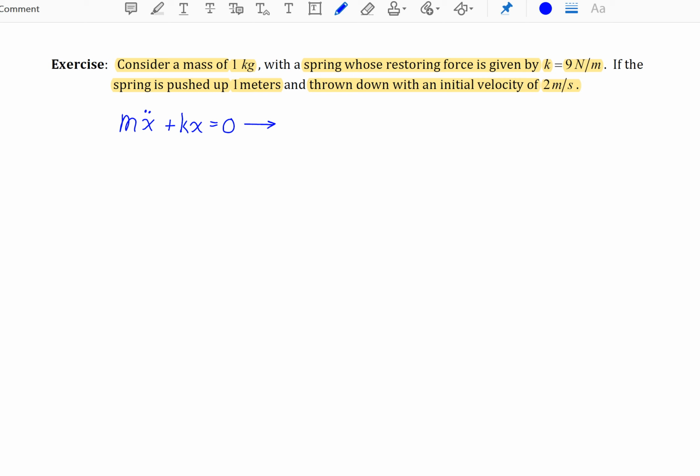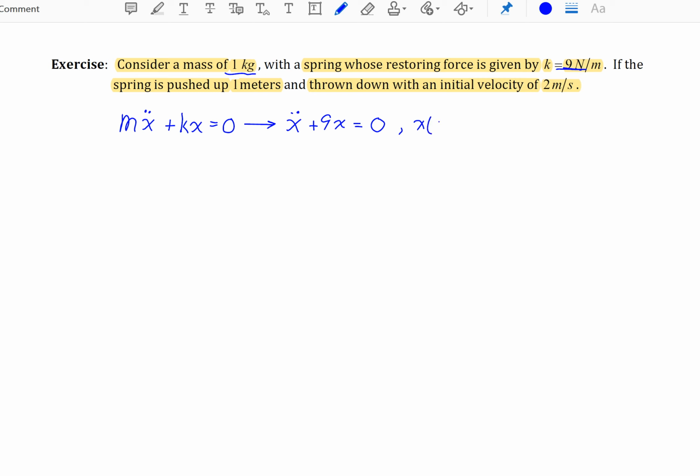And now let's substitute the values we have. Our mass is 1 kilogram, so just x double dot, plus our spring constant, which is 9 newtons per meter. So 9x has to equal 0.